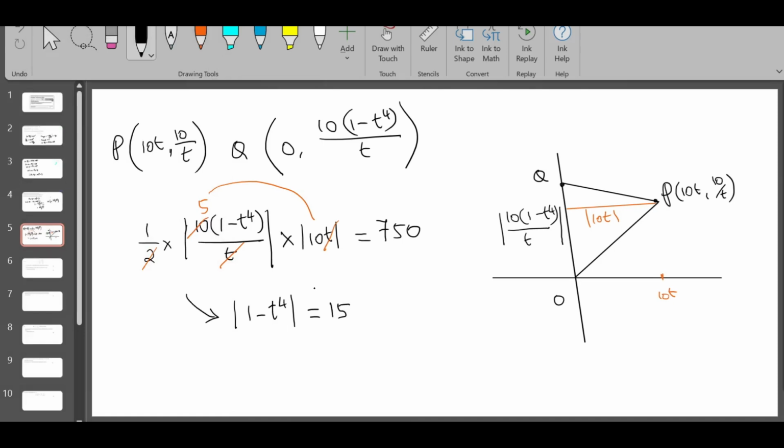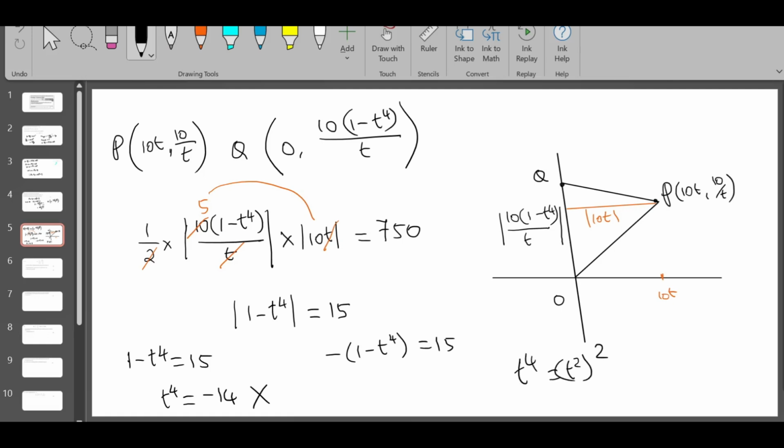So we have put a modulus here because this can be a positive number or negative number depending on the value of t, right? So I'm going to take both cases. I'm going to take it as positive and as negative without the modulus sign and solve both separately. Here when you solve, you'll get t power 4 is minus 14, which is not possible. t power 4 is basically t square whole square.